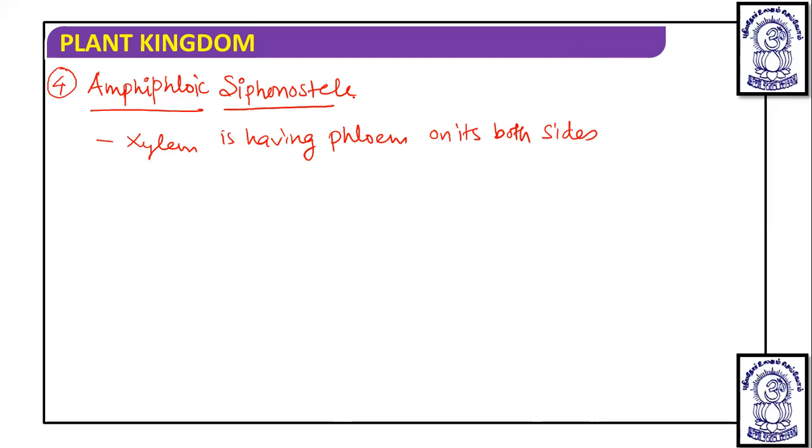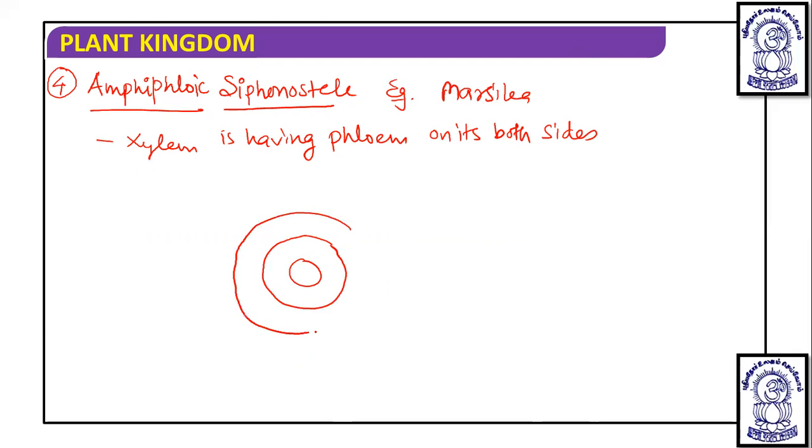This is seen in case of Marsilea. So here what happens? Pith is present. Pith is surrounded by the phloem, phloem is surrounded by the xylem, and again the phloem surrounds it.